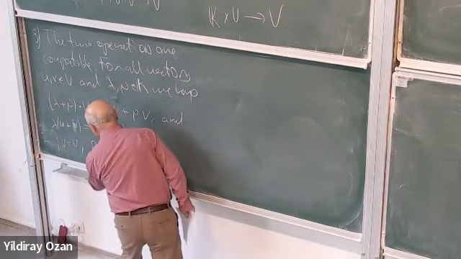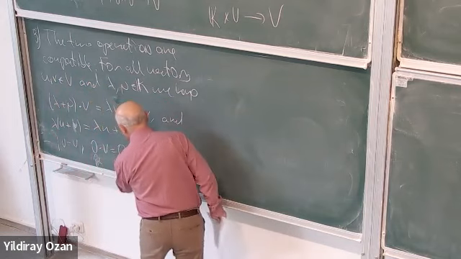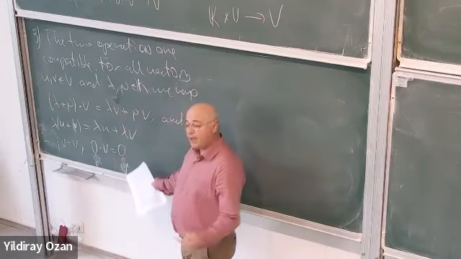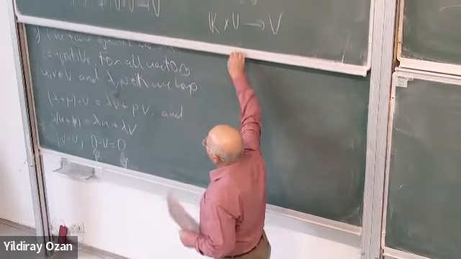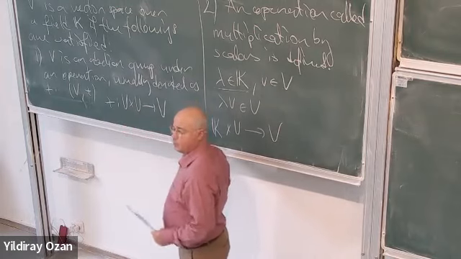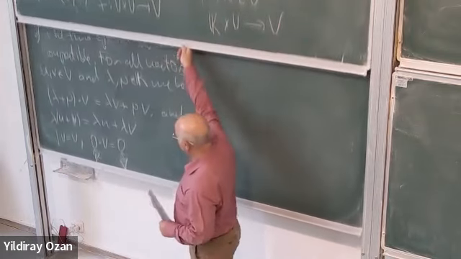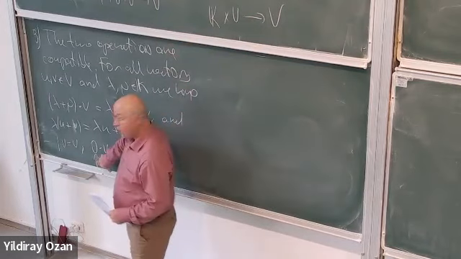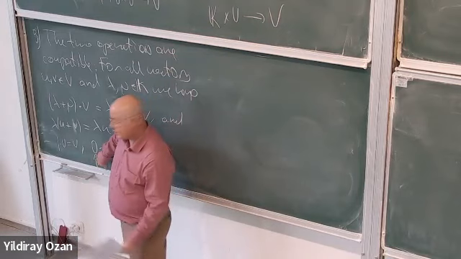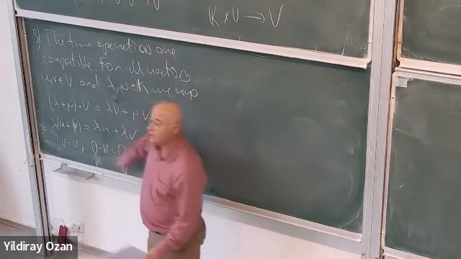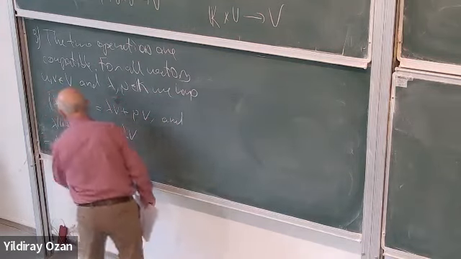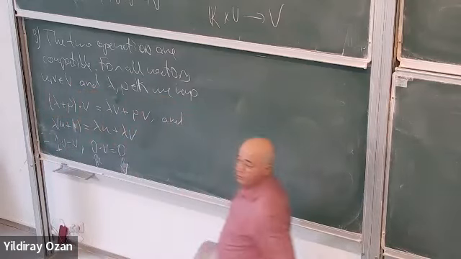This is the zero element of the field K. This is the zero element of the vector space V, the identity element of the abelian operation of the vector space. So the scalar 0 times any vector is the zero vector, and the scalar 1 of the field times any vector is equal to the vector itself.